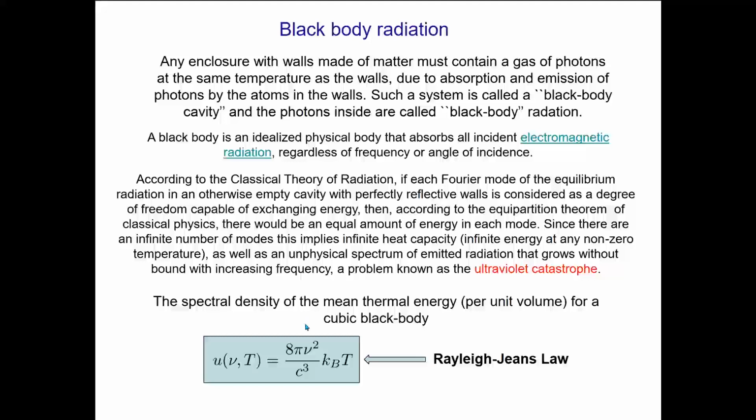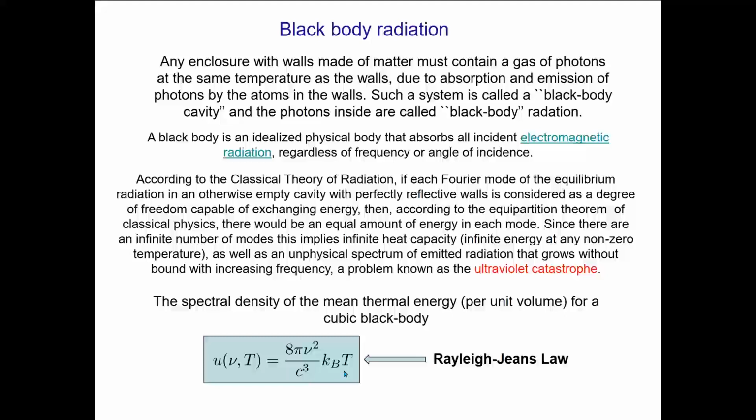The spectral density of the mean thermal energy per unit volume and per unit frequency for a cubic black body, at least for low frequencies, is given by the Rayleigh-Jeans law, which basically says that it's proportional to the square of the frequency and linear in temperature.